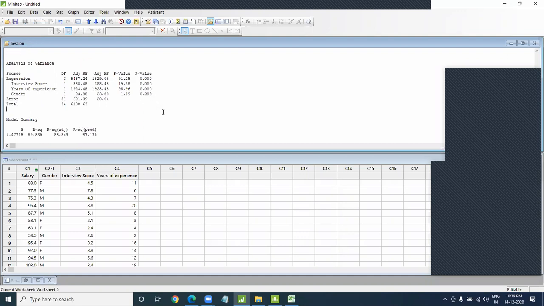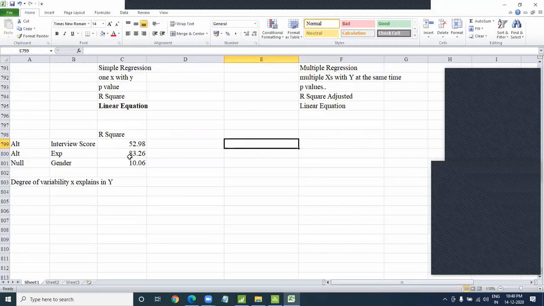When we are dealing with multiple regression, one thing we've got to keep in mind: we know that the interview score is influencing its impact on the decision of salary. Experience is also influencing its impact on salary.